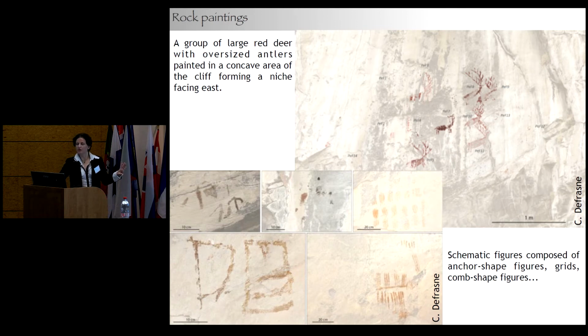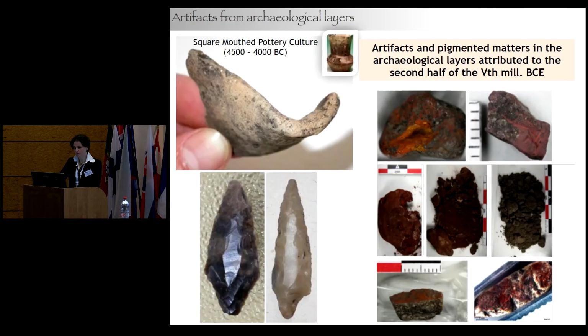I present here the survey drawing created by Claudia Defrance, because if I present the realistic picture, we don't really see the paint, it's like a shadow. It's really difficult to see this paint, and the conservation is not very good.